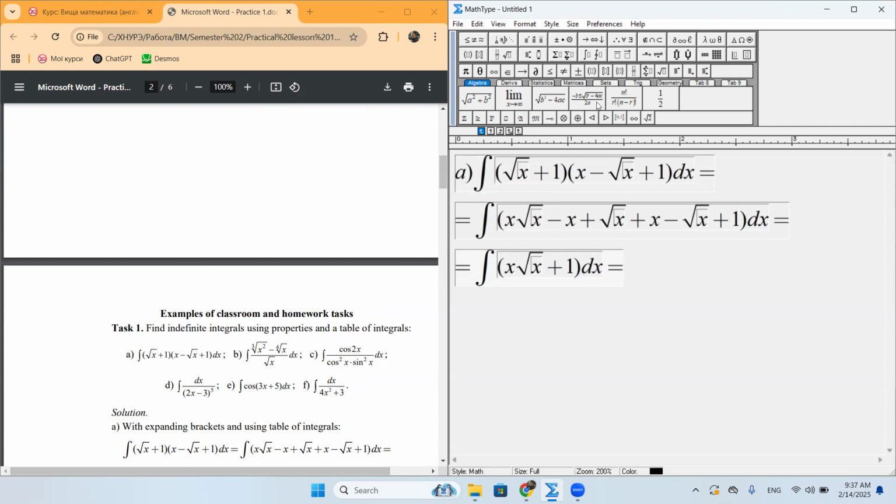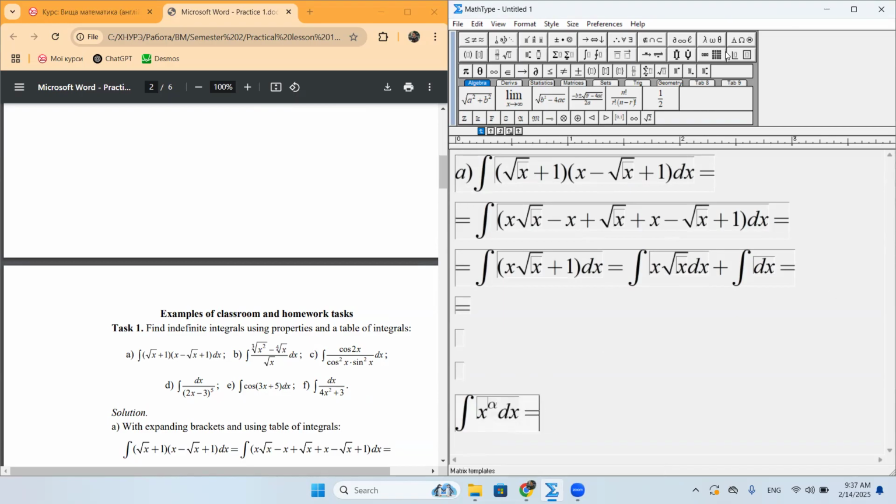Yeah, and I'm reminding you of the property of linearity of the integral, so that we can split this integral. The integral of a sum can be split to the sum of integrals, so like this. So yeah, when calculating this integral, I will just remind you that the antiderivative of such an integral is the following.